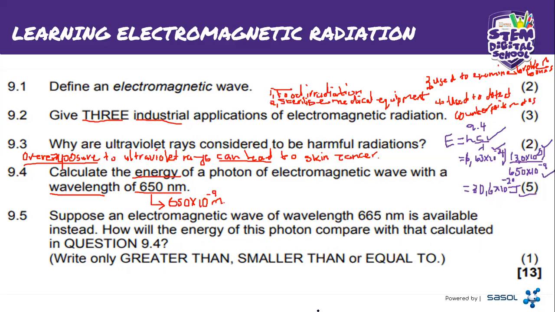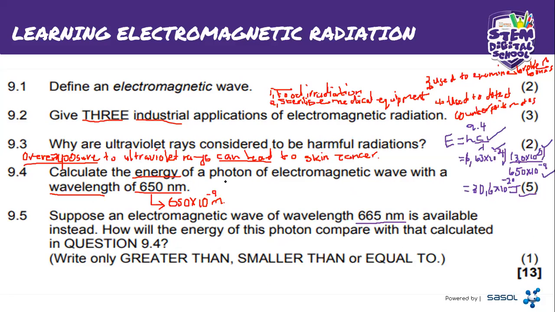So now, my dear learners, remember we are comparing the energy from the wave with a wavelength of 665 nanometers to the one with a wavelength of 650 nanometers.